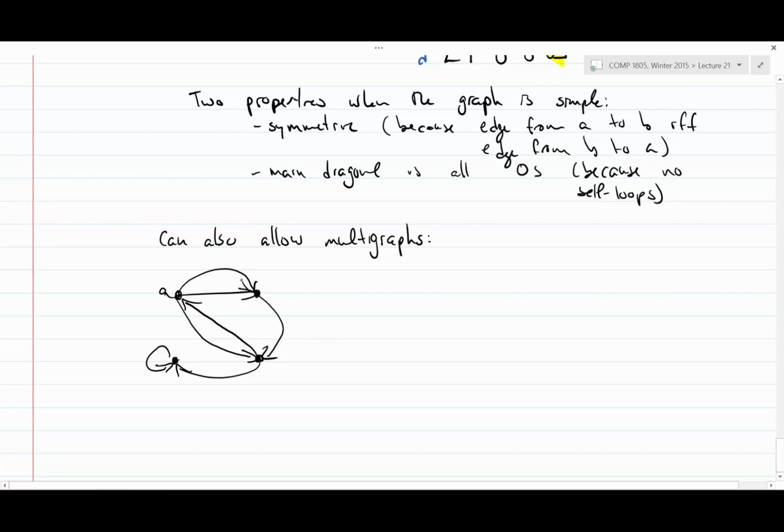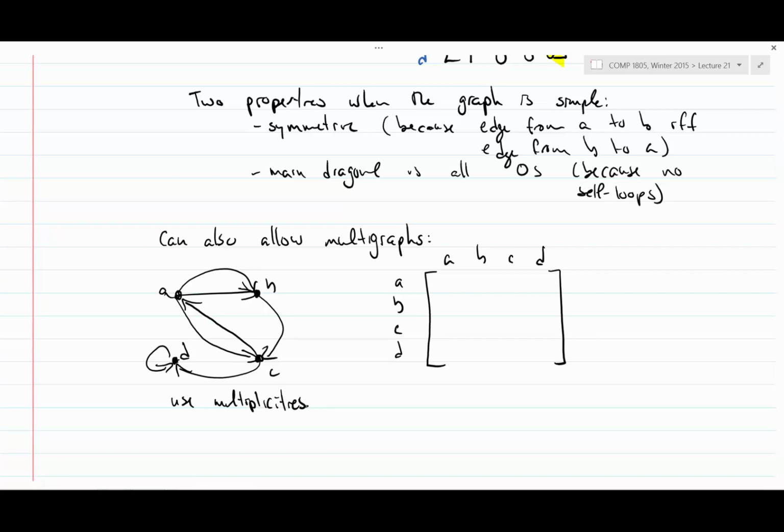And this is A, B, C, D. So now what I'll do is I'll make a matrix just like I did before. I'll keep it in the same order, so A, B, C, D, A, B, C, D. And now I just write down the multiplicities instead of 0 or 1. And notice now I also have directions, which means I'll need to do a little bit more work.